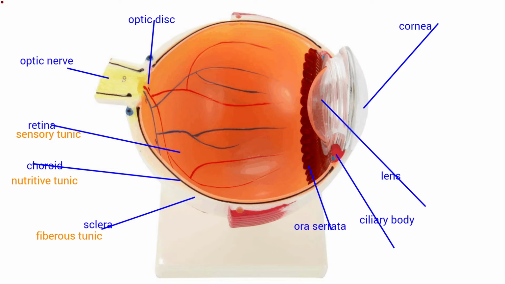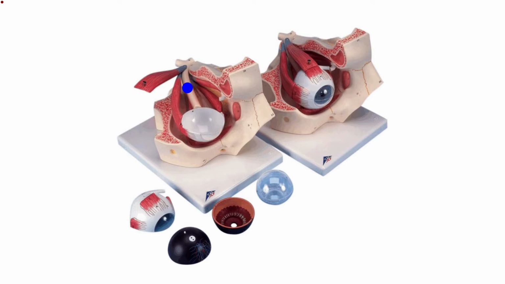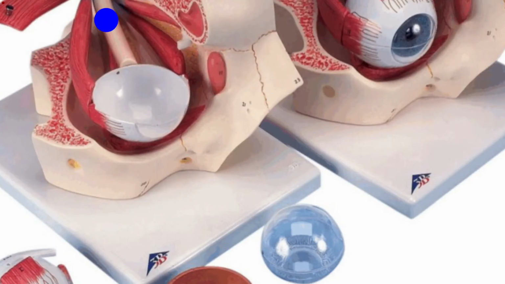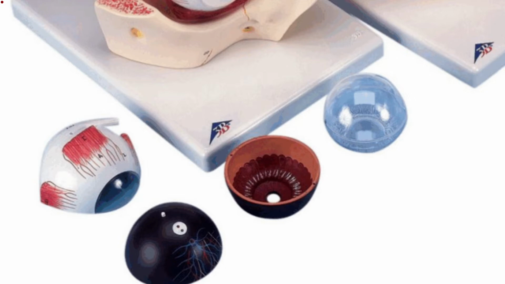I want to show you more on the eye. I think there are different pictures on the discussion board, but I want to backtrack because I want to show you some things. So here, this ball represents the vitreous humor, which is a jelly-like mass in the back of the eye.